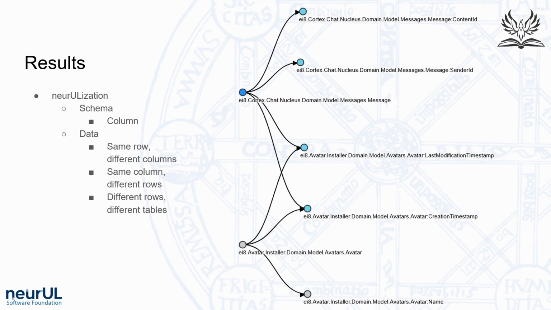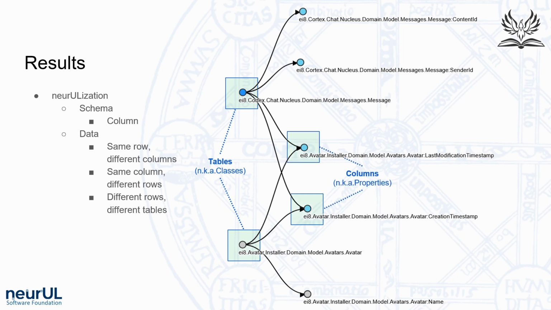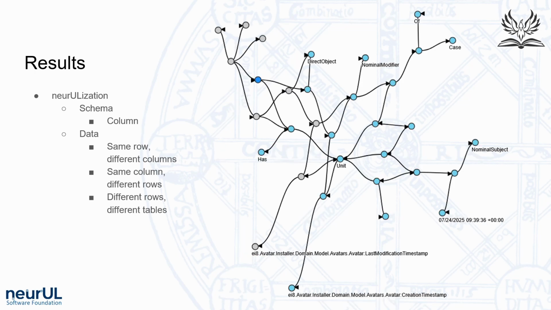In the results shown at the schema level, both tables message and avatar refer to the same columns, last modification timestamp, and creation timestamp. At the data level, different columns, last modification timestamp and creation timestamp of the same row refer to the same value.